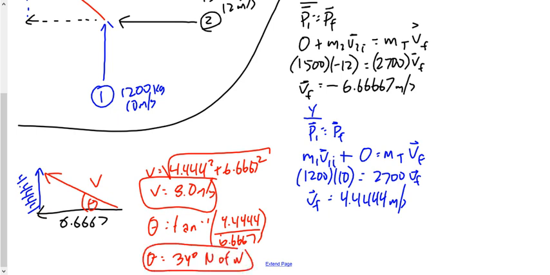We're measuring that from the west axis, and it goes north from that. So north of west.